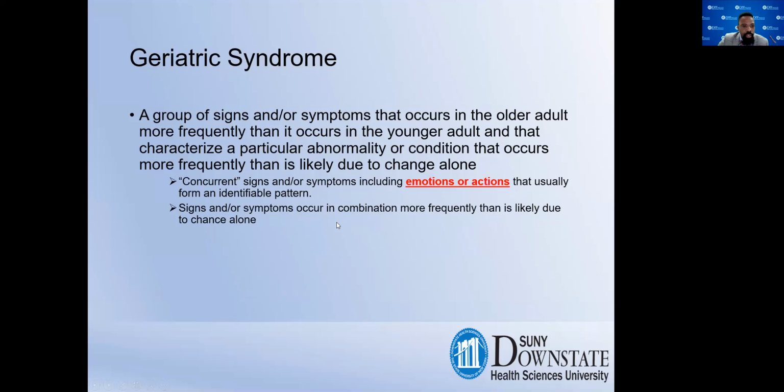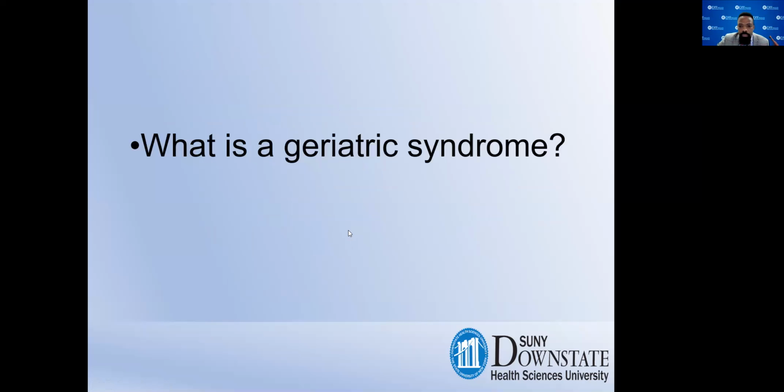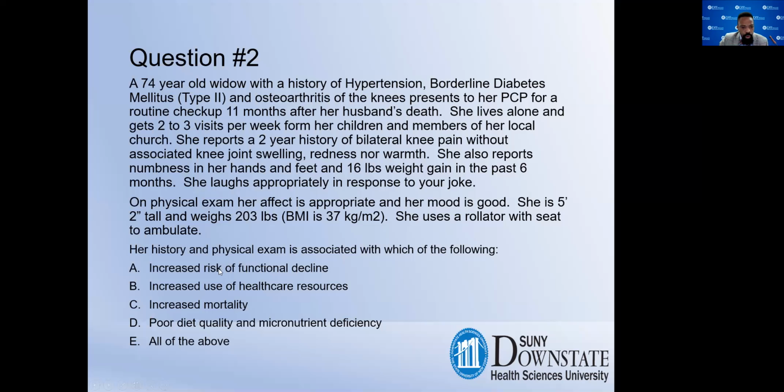So here's the question. Her history and physical exam is associated with which of the following? A, increased risk of functional decline. B, increased use of healthcare resources, healthcare expenditure. C, increased mortality.